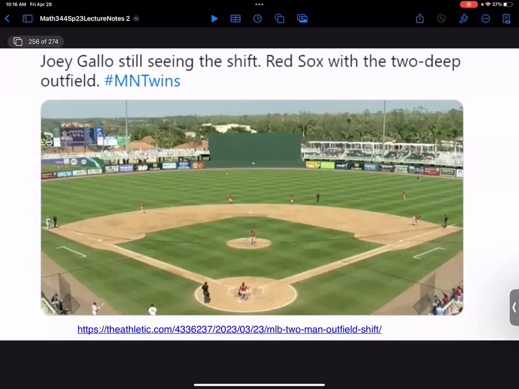So one could be how many pitches he's pitched, if he's getting tired. Could be also if there's runners on base. If there's runners on base, there's the ability to steal the pitcher's and catcher's communication and signals. The pitcher has a different windup if there's runners on base. And so because of that, there is a difference in hitting profiles depending on the game state.